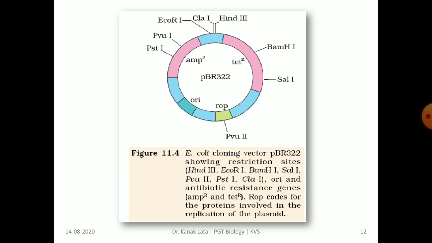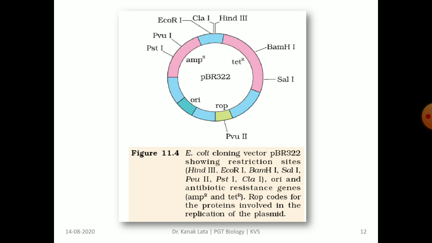It has restriction sites like HindIII, EcoRI, BamHI, SalI, PvuII, PstI, ClaI. So these are all the restriction sites.